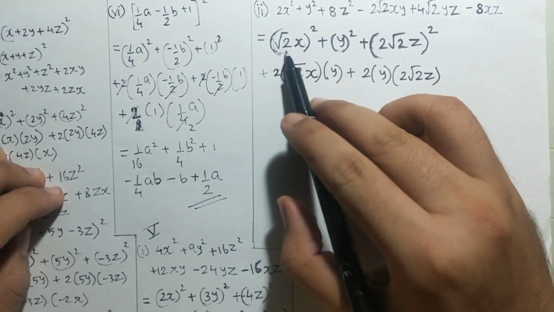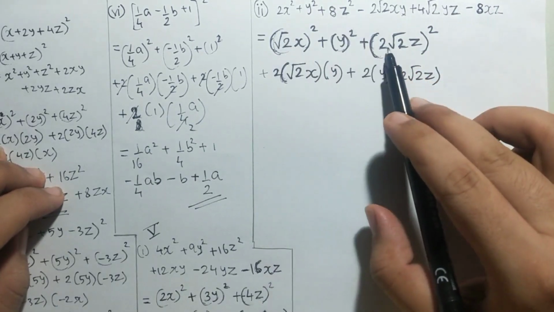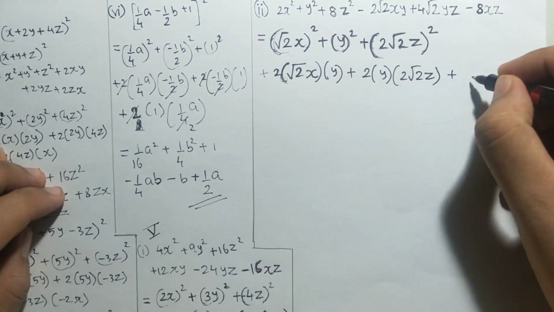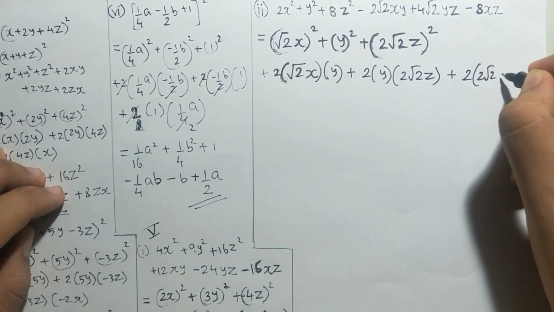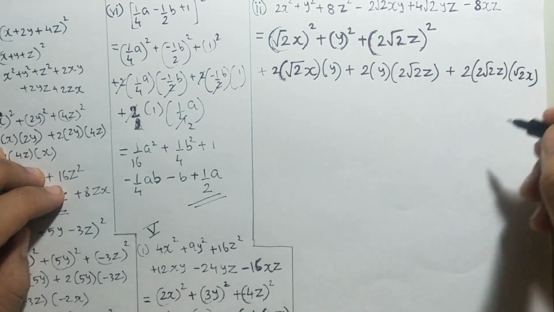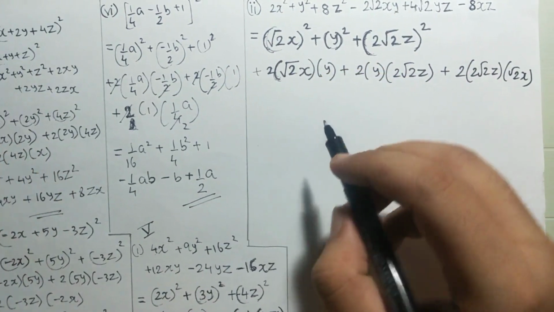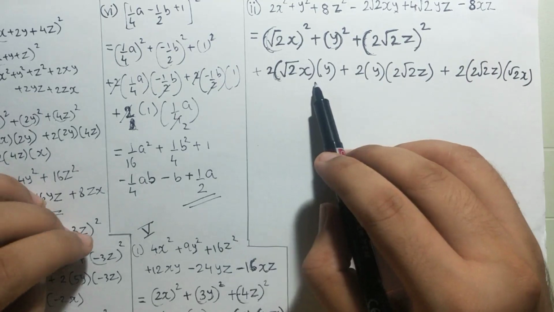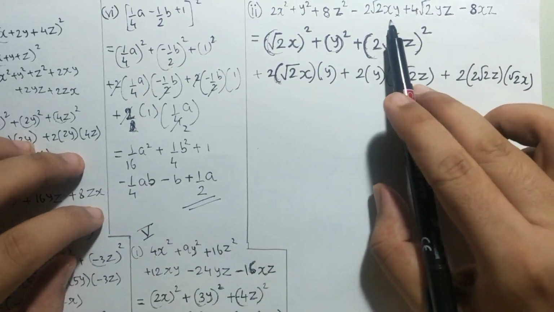See, 2 is a perfect square of root 2 and 8 is a perfect square of 2 root 2, plus 2 into 2 root 2z into first term root 2x.